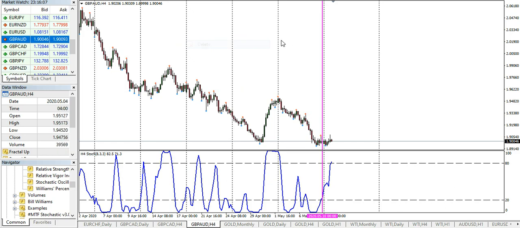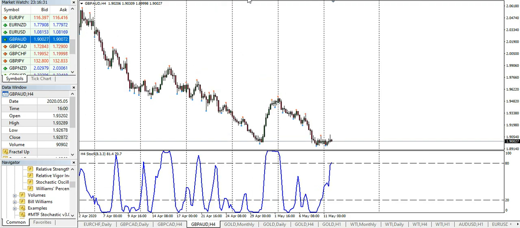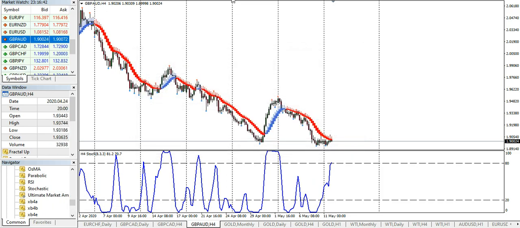Now when you go to the 4-hour time frame, again, your focus is on buying. Any indicator that you want to use, or if you have technical analysis skills, that can tell you it is time to buy, then go ahead and buy. When we come down to the 4-hour time frame, I have this indicator that I drag onto the screen, and whenever it turns blue, I'm going to look to buy, if what I want to do is buy.